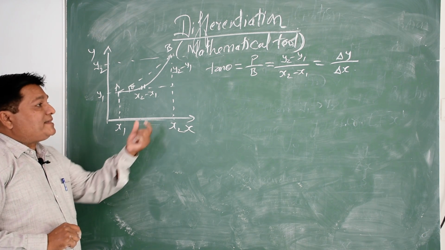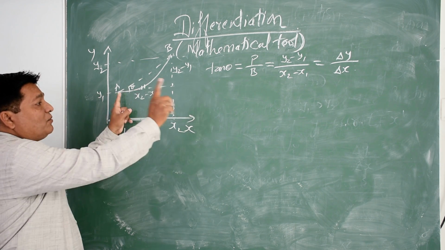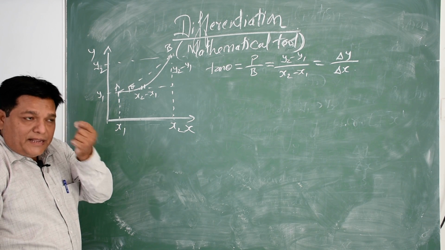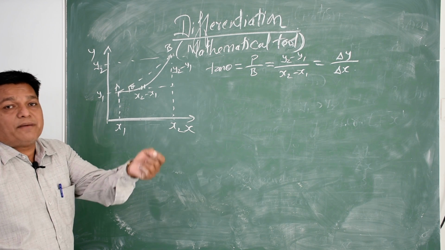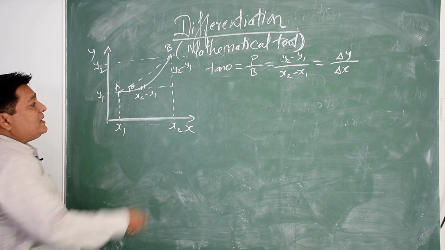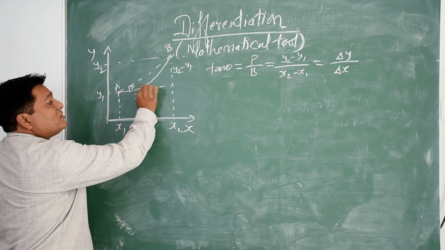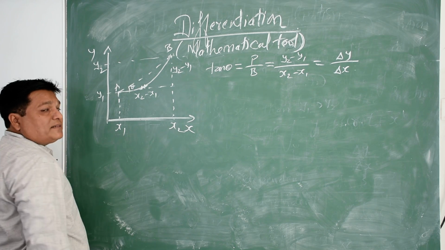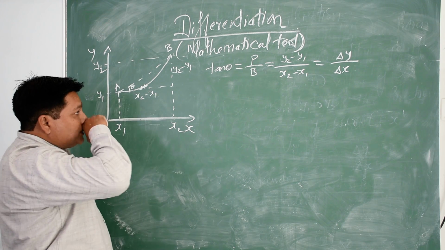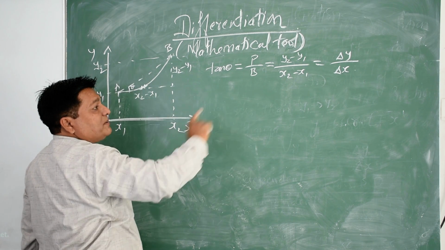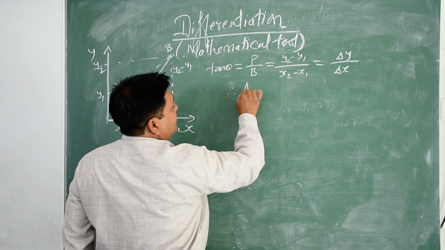Del x means the change in x; when the two points come very close, the difference will be near about 0. In that condition only can we get the exact value of the slope. Otherwise this is not the slope, it is making a secant here. So this rate of change according to this graph is said to be the average rate of change.